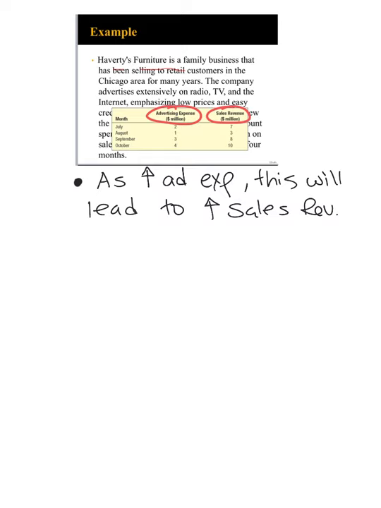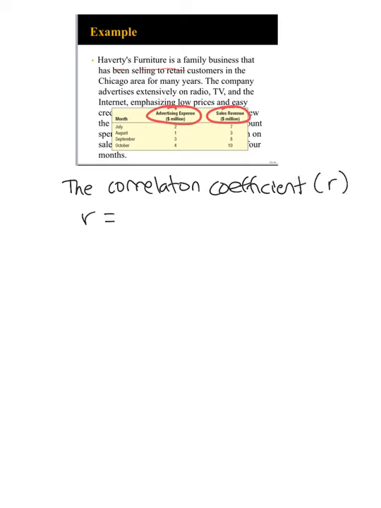So first, let's start off by testing to see if there really is a relationship. The first thing we need to find is the correlation coefficient, and the correlation coefficient is represented by R. R is the sum of x minus x bar times y minus y bar divided by n minus 1 times the standard deviation of x times the standard deviation of y.